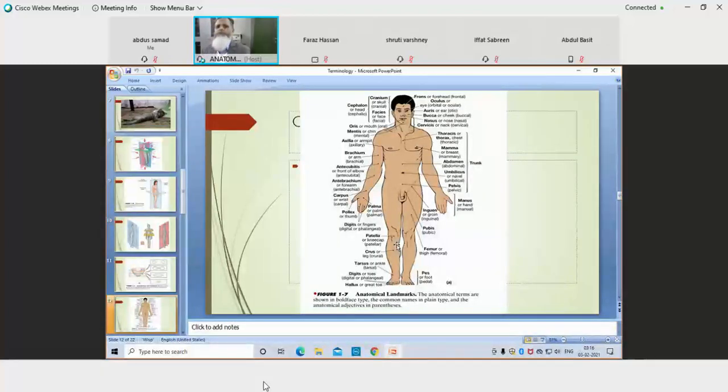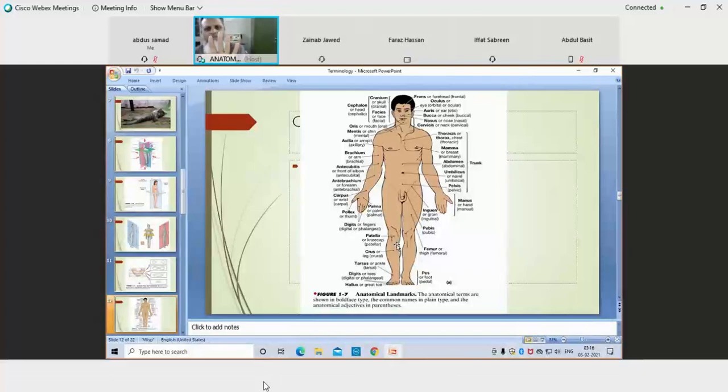Now see my fingers. Suppose this middle finger is the median plane. With respect to this, my index finger will be medial or lateral? Medial. Thumb will be lateral.